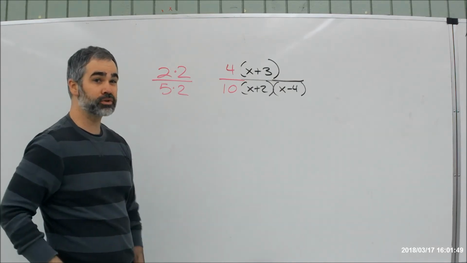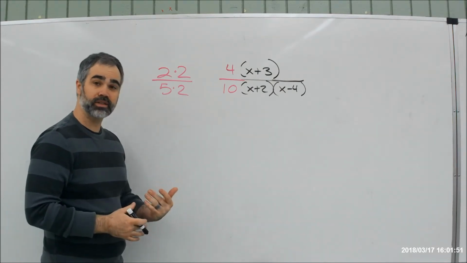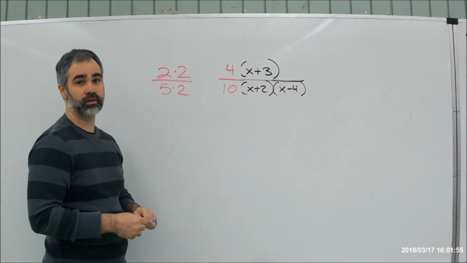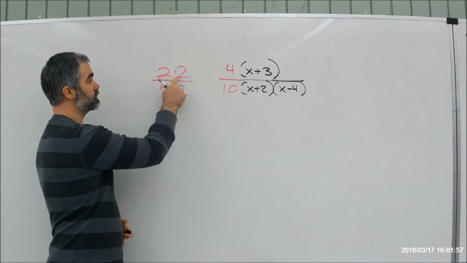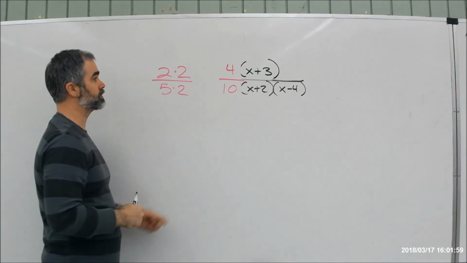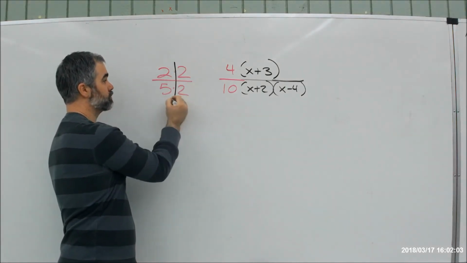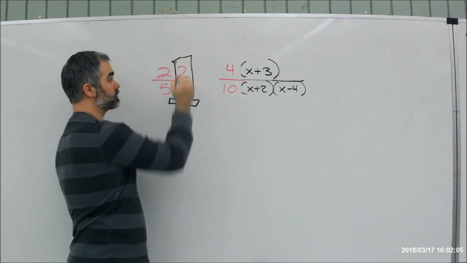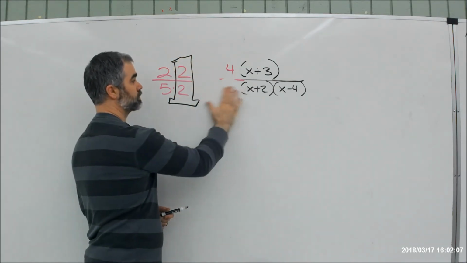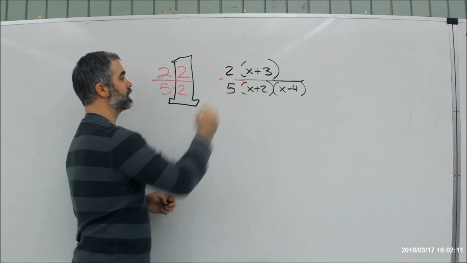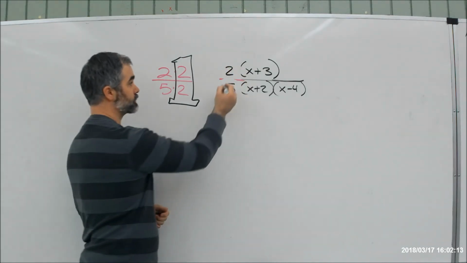If you remember from elementary school, factoring actually just means finding the numbers that multiply to get your answer. In this case, 2 and 2 and 5 and 2, they're factors of 4 and 10 respectively. So we can look at this and see, oh, there's a big 1 right there. So this will actually reduce and give you 2 over 5. And that's the final answer here on this.